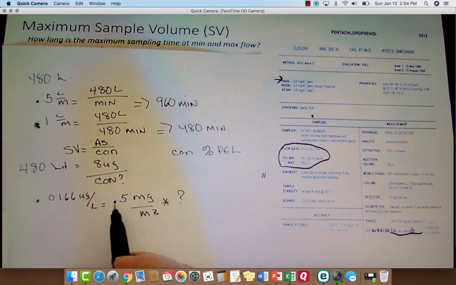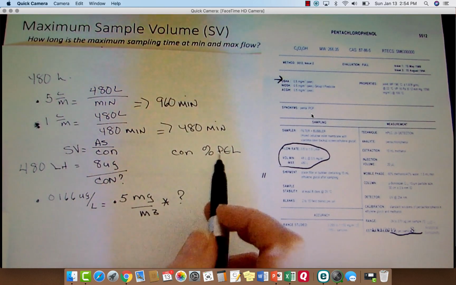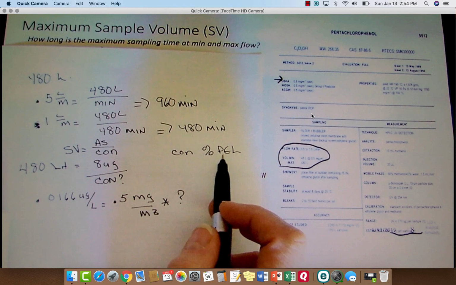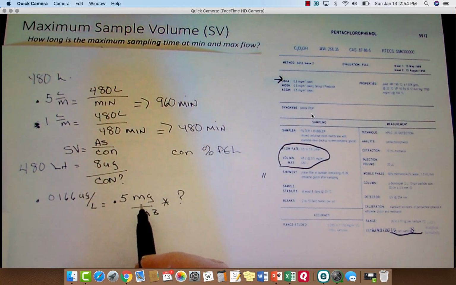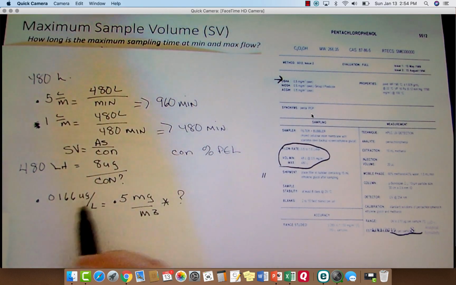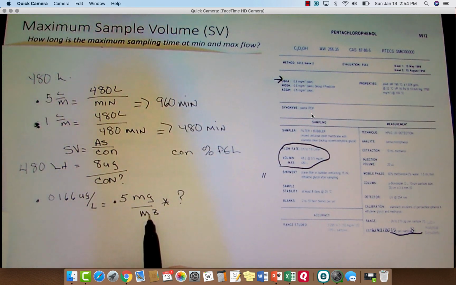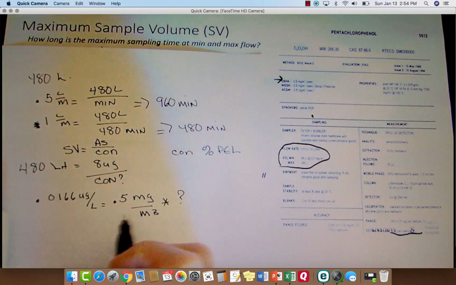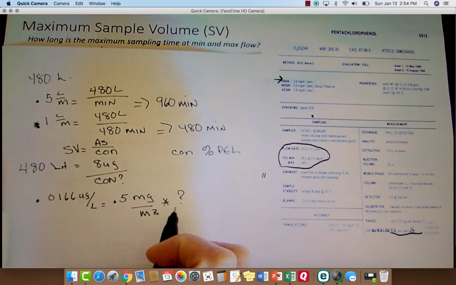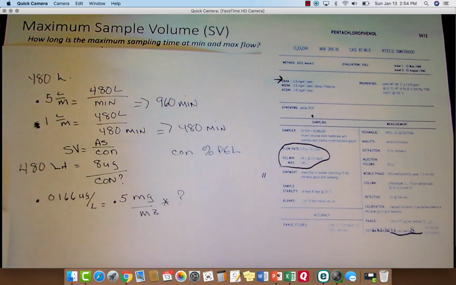And my 0.5 is the OSHA permissible exposure limit. So I'm just plugging this back into my equation because I isolated the variable of concentration. And now I can once again isolate the variable and get the concentration on one side of the equal sign.